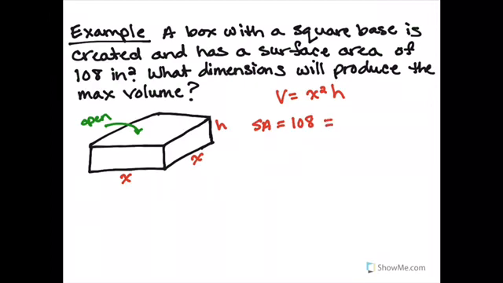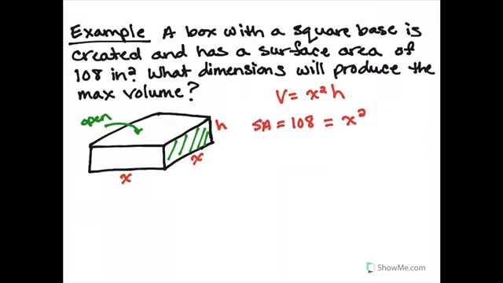And so we have to figure out what is the area of each surface that we have. Well, the base of this thing is going to be x times x, right? It has a square base, and we're calling the dimension x. So we're going to have x squared for the base. And then for each side, I have 4 sides that are all going to be x times h.